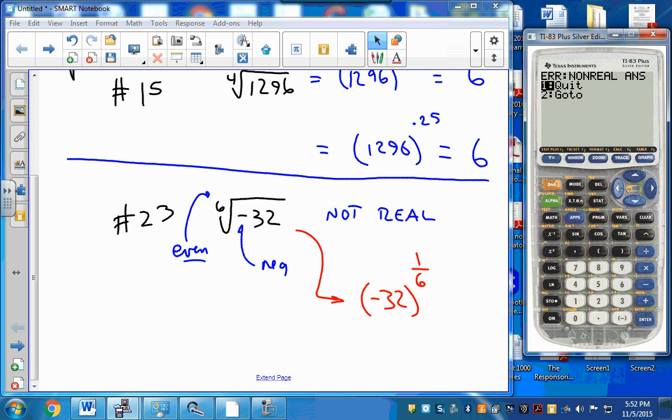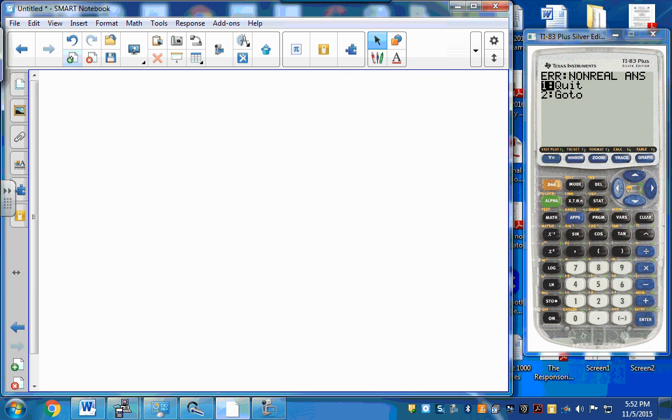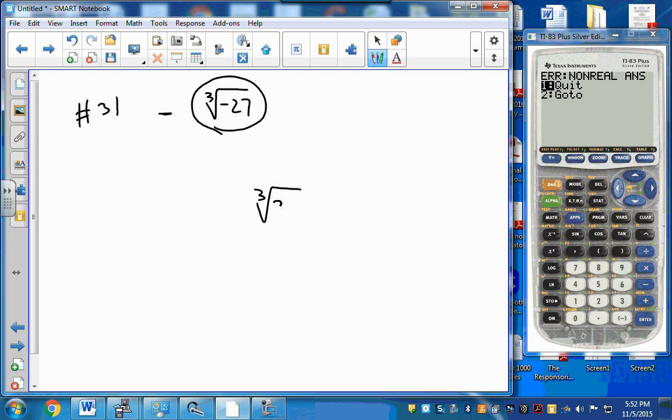Okay, a little bit deeper into the problem set. Problem number 31 says the opposite of the cube root of -27. So first of all, we should probably talk about that. The cube root of 27 is 3 because 3 cubed is 27. The cube root of -27 is still valid.